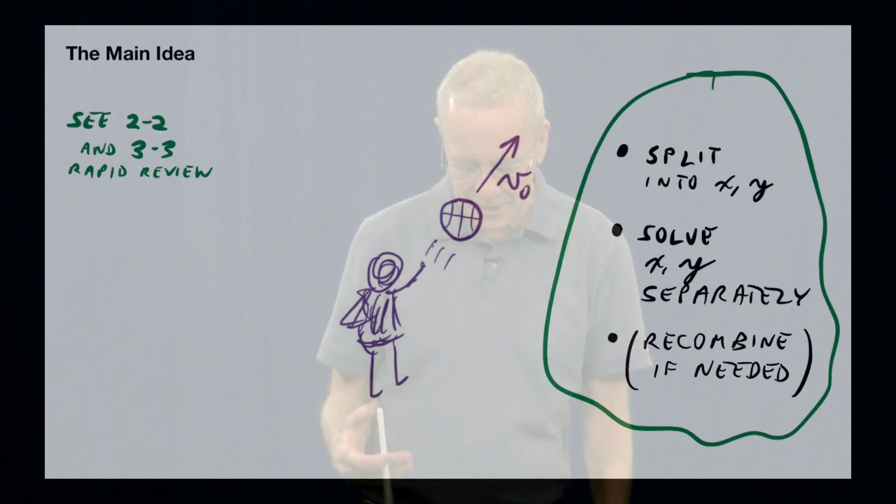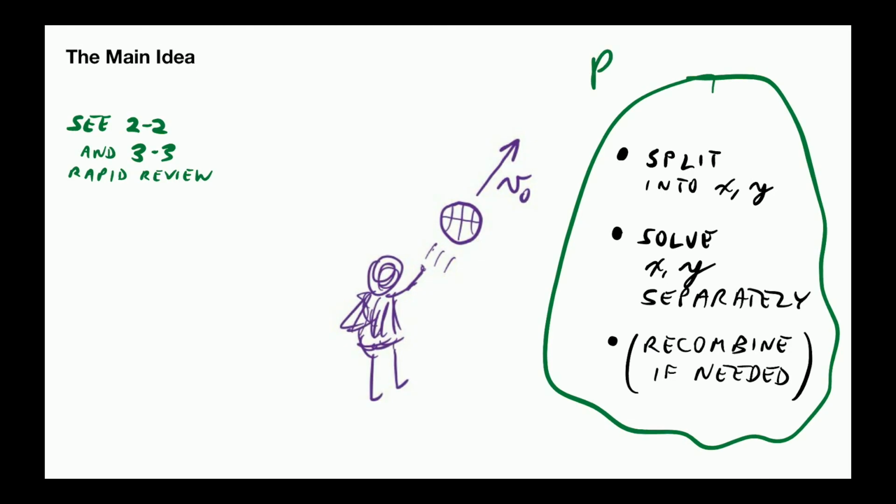And then if you need to report something in its vector form, magnitude and direction, you can combine the X part and the Y part back into magnitude and direction. Okay, so that's the recipe, and that's really the main idea. That's what we do to solve pretty much any problem.